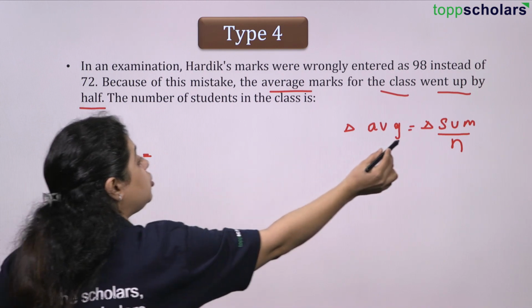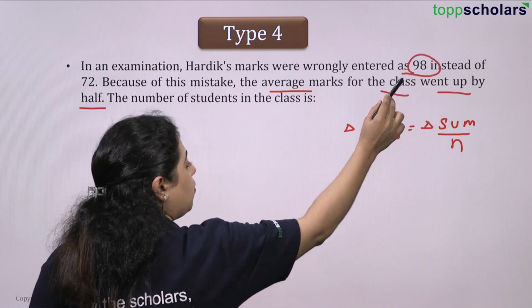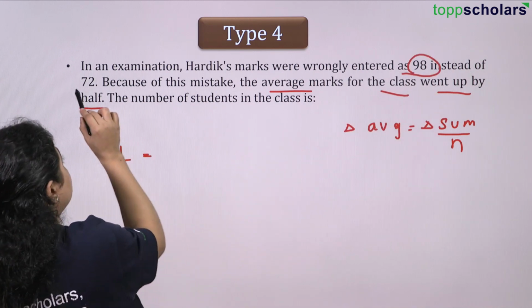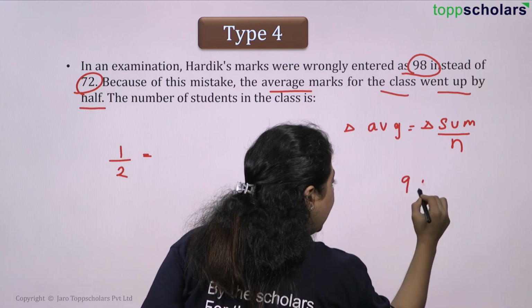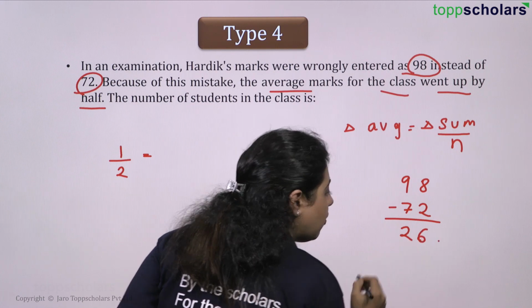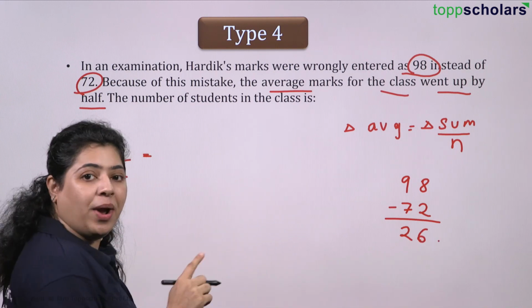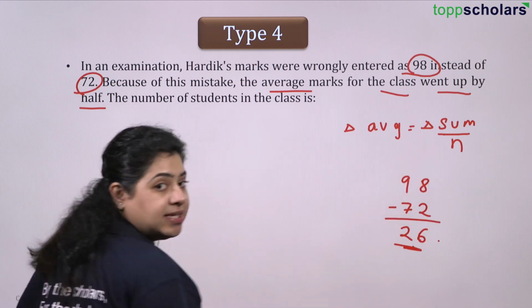This is equal to the change in the sum. Change in the sum, meaning what? Prior it was entered as 98, but actually it was 72. So what is the change? From 98 we have to put it to 72, right. So the change is that of 26, the change in the sum. 26 was wrongly added, so this 26 is the change in the sum, correct?